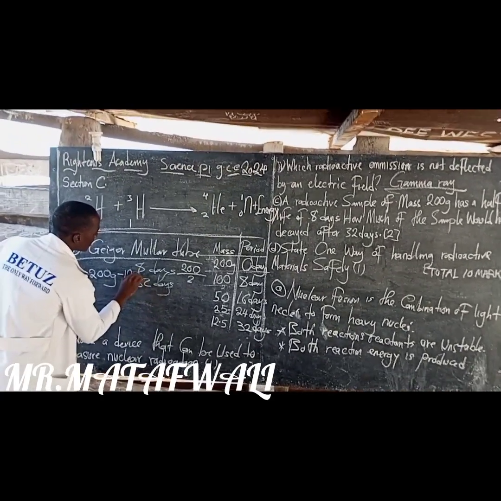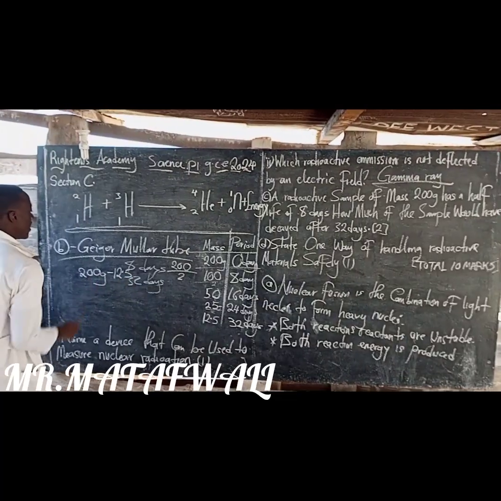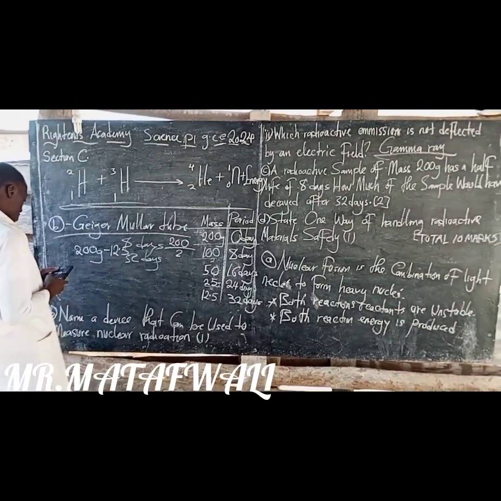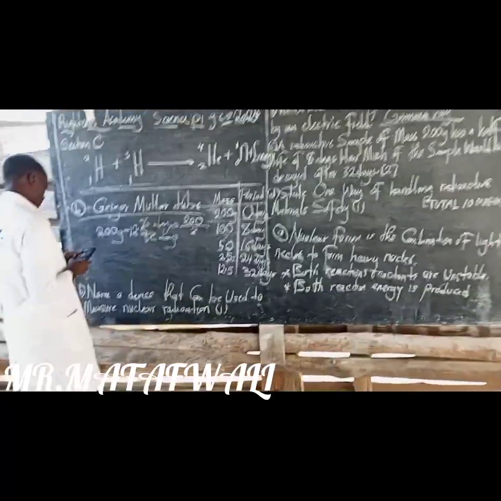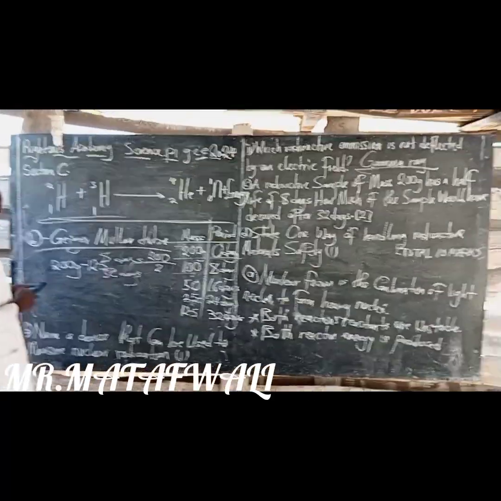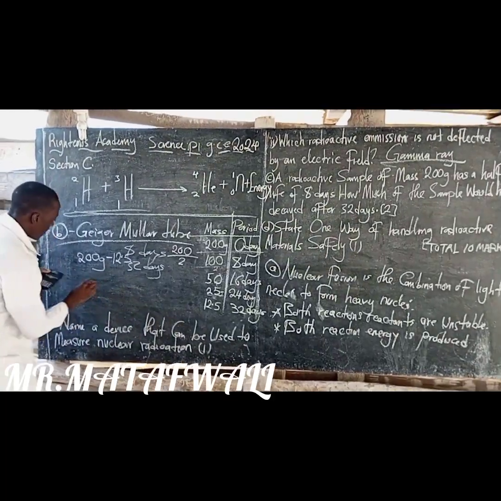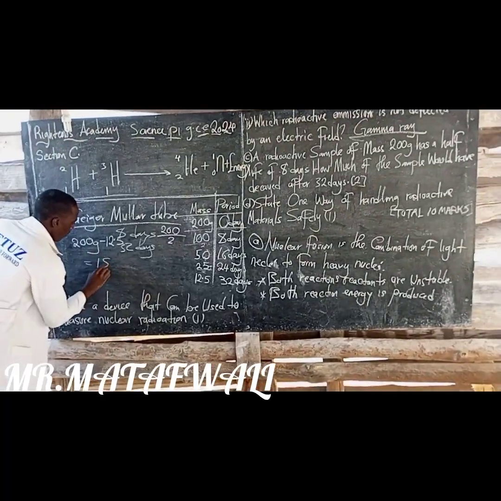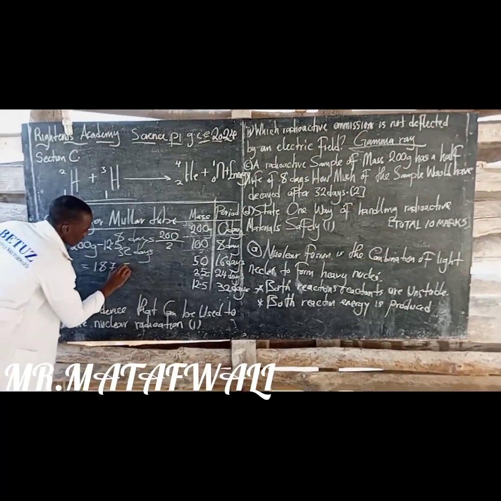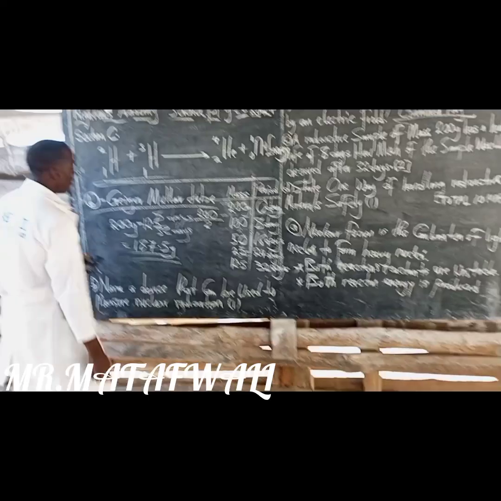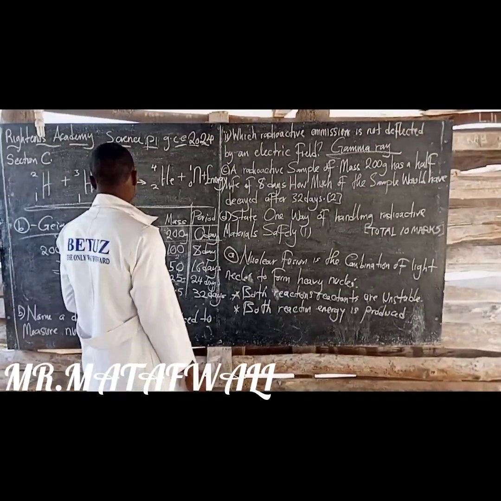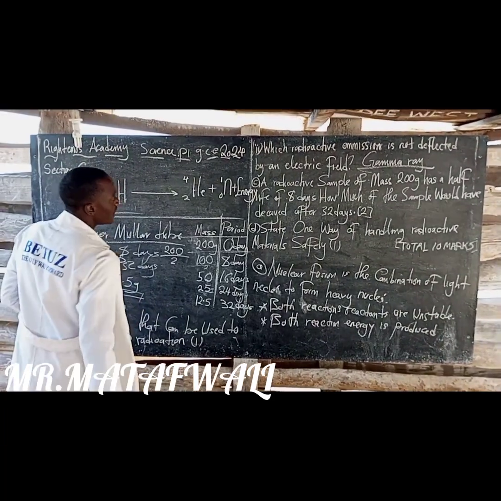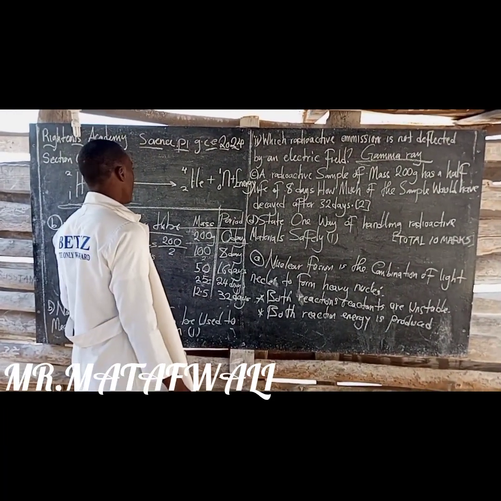After subtracting this, we are going to find our answer as 187.5 grams. So this was the mass of this radioactive sample which decayed. So this was the answer which question C was looking for.